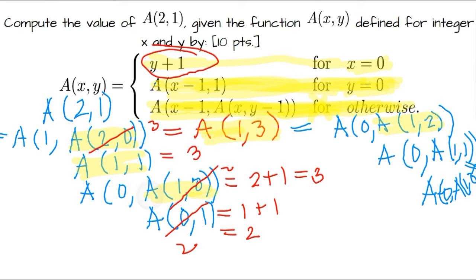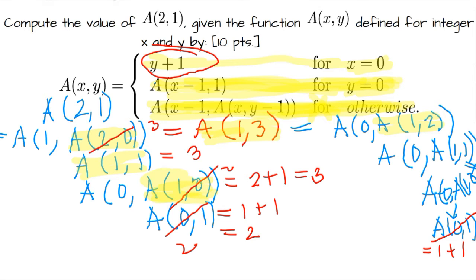So similar with the previous case here. So A(1,0) is equivalent to A(0,1). And we already know what that is. A(0,1) will result to 2 because this is 1 plus 1.